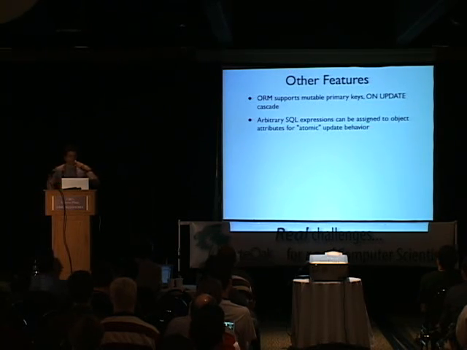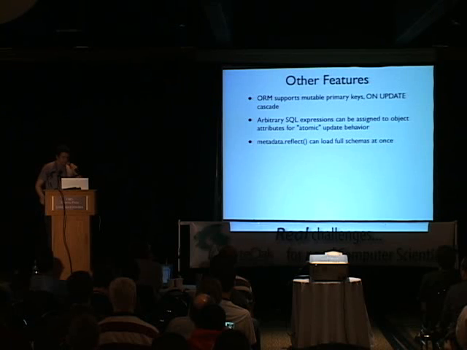You can assign an arbitrary SQL expression to an attribute, like user.name equals the name column plus his last name, and when it flushes the update statement, it will inline the SQL clause in the update so that if many concurrent processes were updating the same row, it would be atomic against that expression.